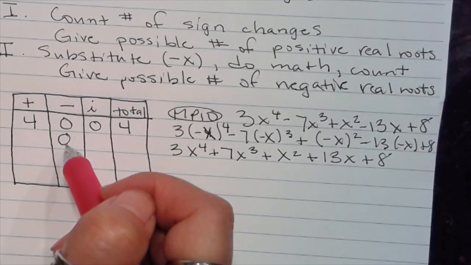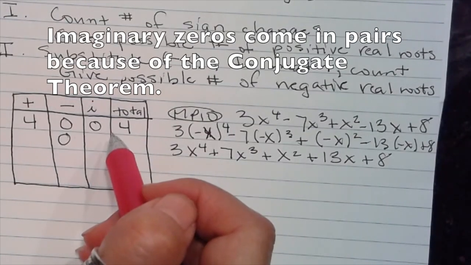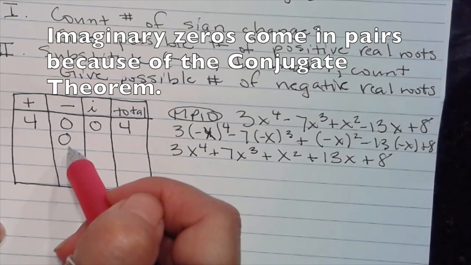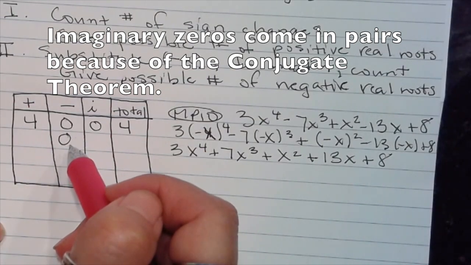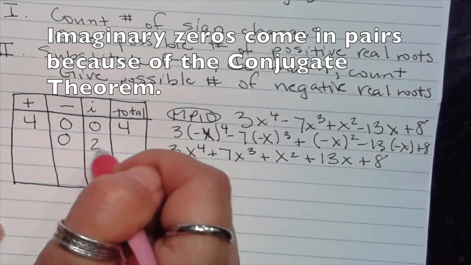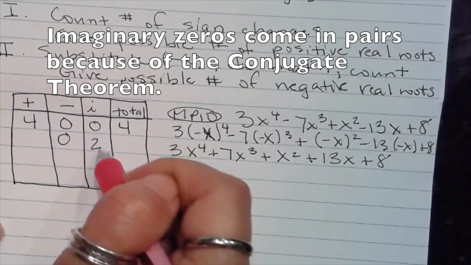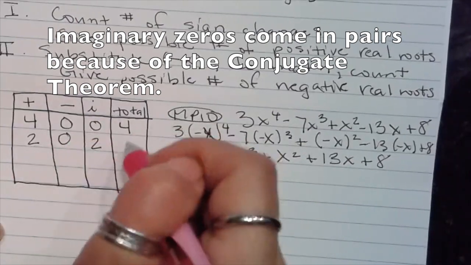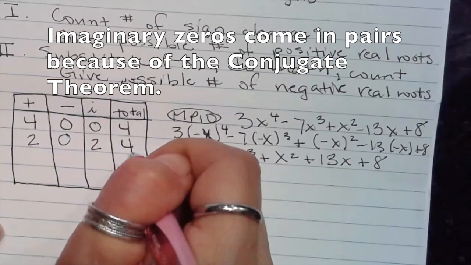Now, if you also remember, imaginary zeros have to come in pairs because of the conjugate theorem. So, if there are 0 negative, and let's just say that there are 2 imaginary because they come in pairs, that means there's a possibility of having 2 positive because there has to be a total of 4.